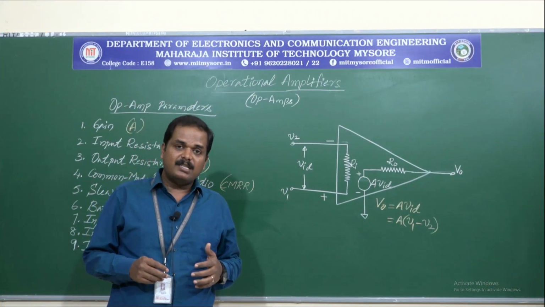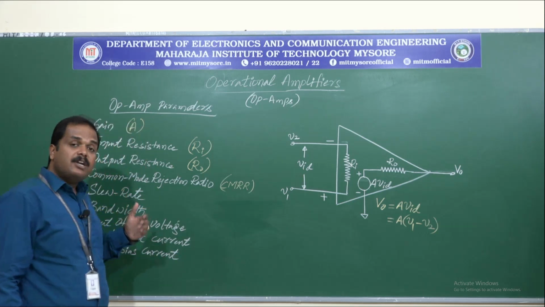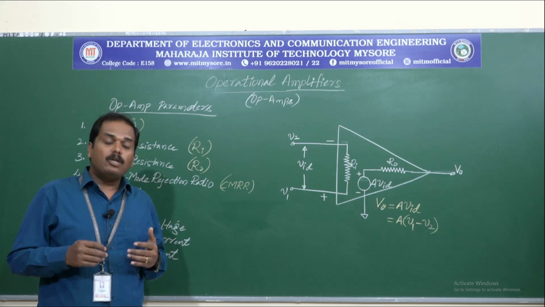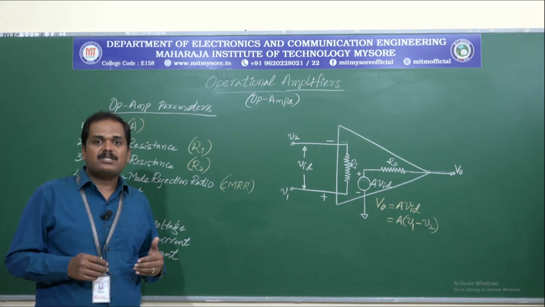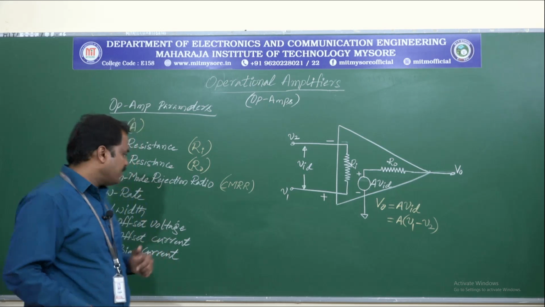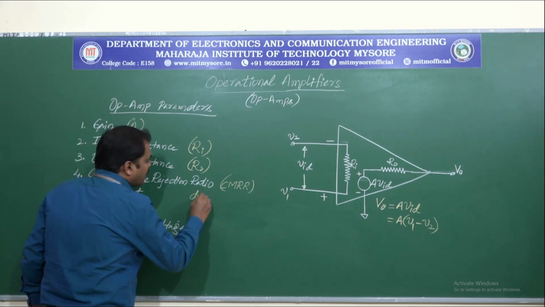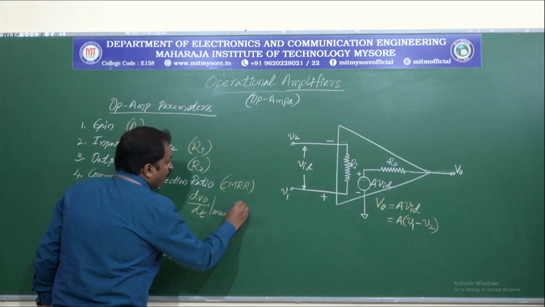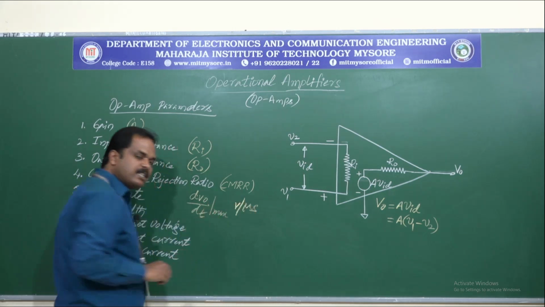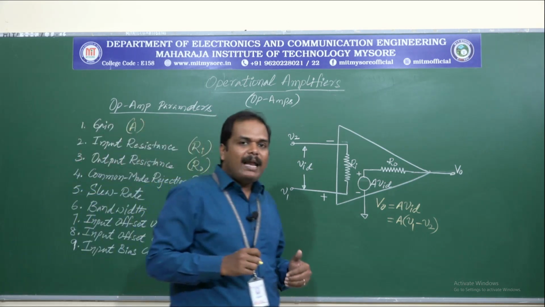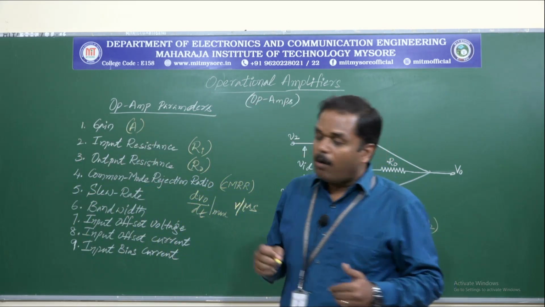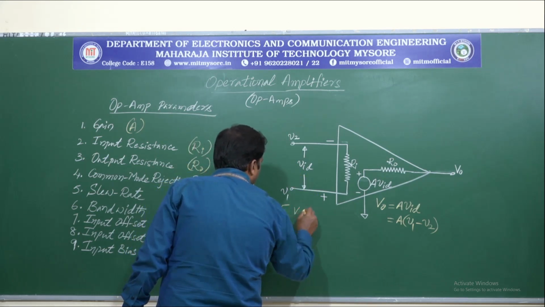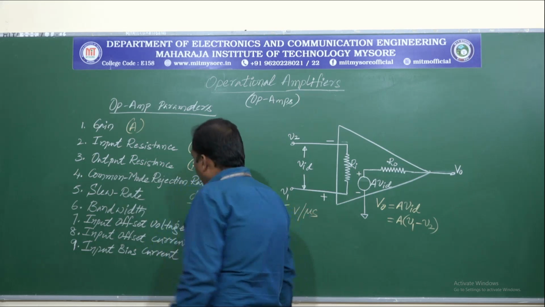The next parameter is slew rate, and slew rate is defined as the maximum rate of change of output voltage per unit time and is expressed in volts per microsecond. So this is written as dV naught by dt max, volt per microsecond, and the typical value of the slew rate is 0.5 volt per microsecond.